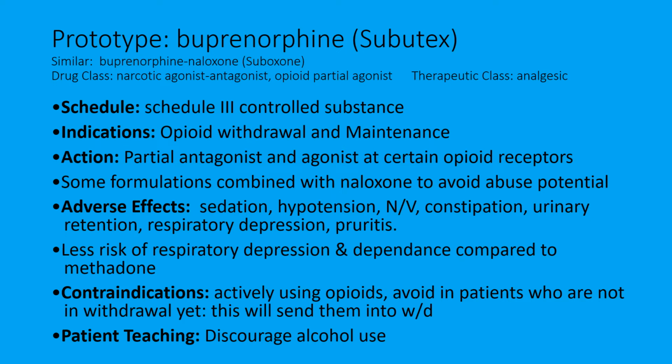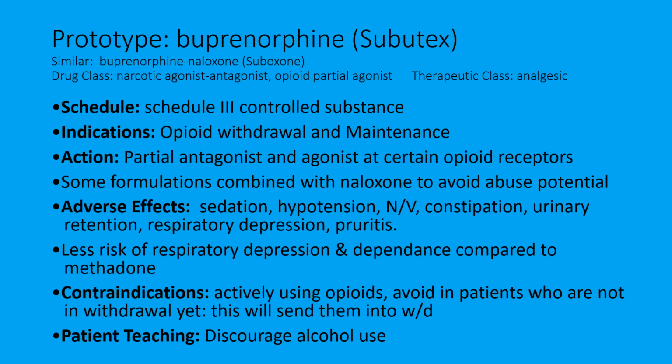And that's because it's only a partial agonist, meaning it only partially stimulates the receptor, the opioid receptor. So that makes it much more difficult to overdose on this medication because it only has partial agonistic effects. Okay?